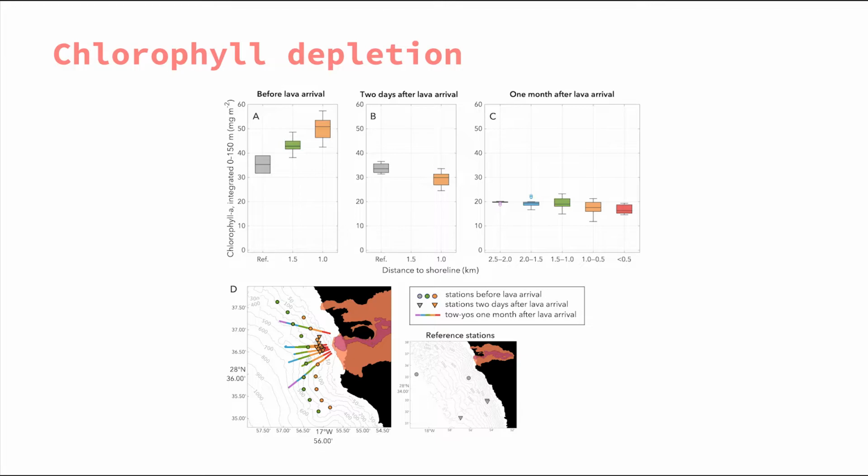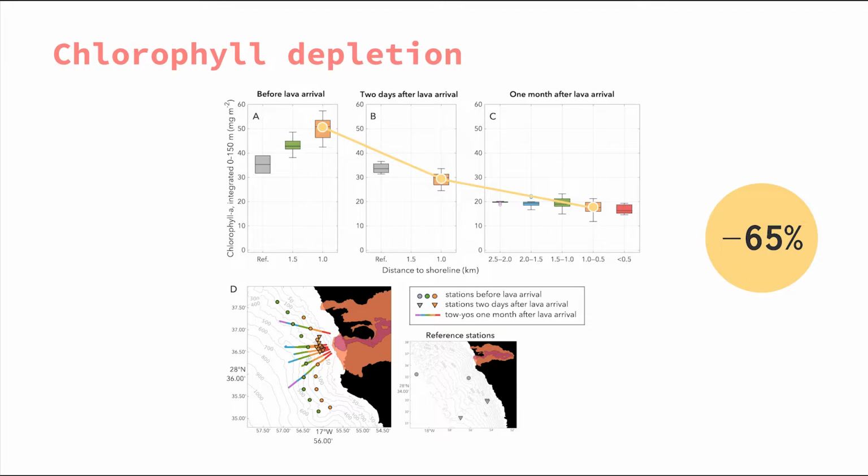This means that if we compare, for example, the yellow boxes, which are always 1 kilometer away from the delta, we see that in just 2 days after the lava arrived to the ocean, the chlorophyll decreased 41%. But if we compare to 1 month later, there was a 65% decrease at 1 kilometer distance.